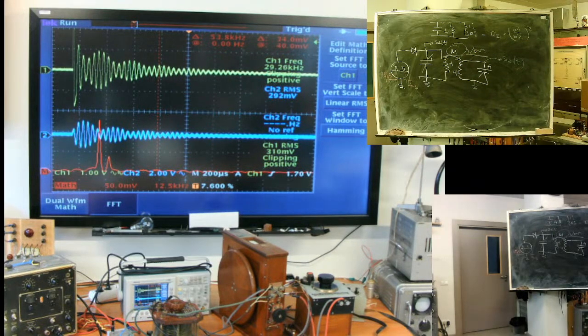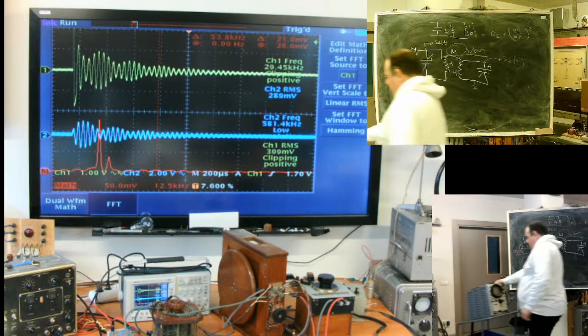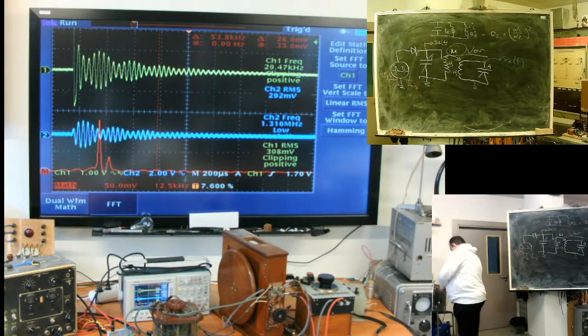I'll bring the amplitude frequency analyzer. Amplitude frequency characteristics analyzed.